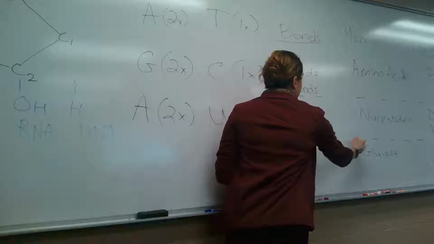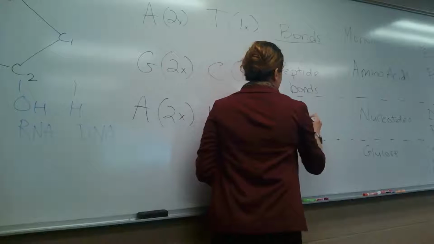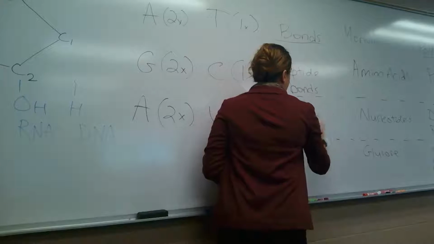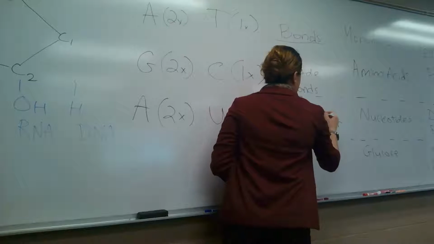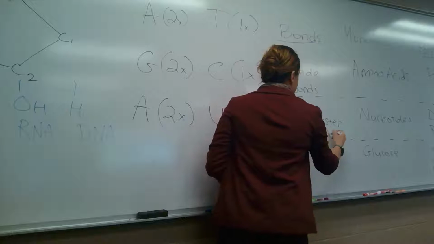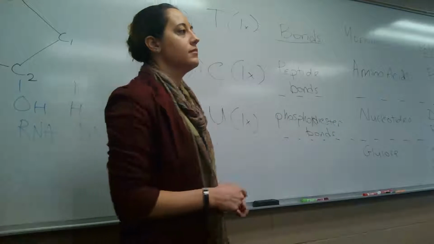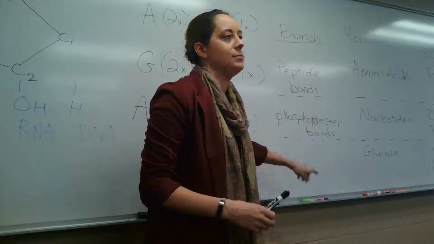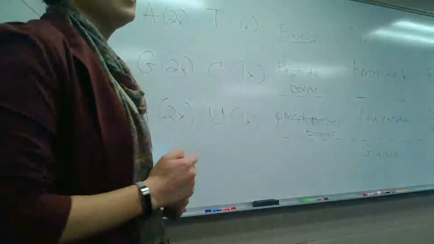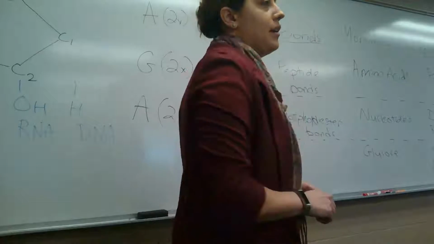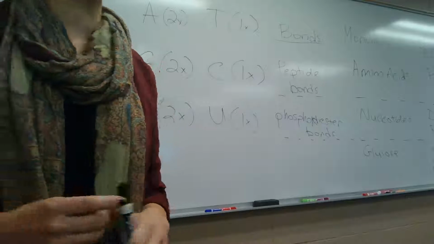And then the bonds between nucleotides are phosphodiester. And we're not going to get into the bonds between the glucose molecules because that varies a lot depending on the molecule.